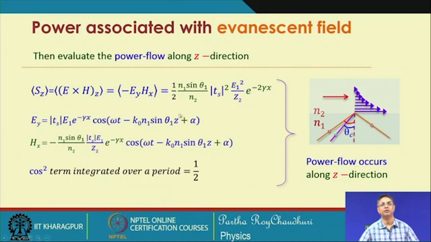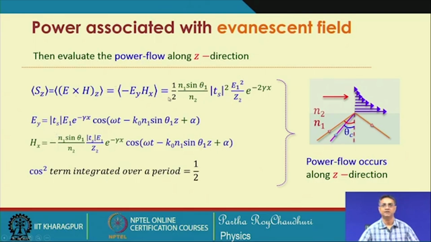So, there is a factor of half coming here, and if you simplify the product of these two, then you will get e to the power of gamma x and e to the power of gamma x, both put together will become e to the power of minus twice gamma x. The electric field amplitude E1 in both the places will make it E1 square, Ts mod and Ts mod will make it Ts mod square, and all other things are quite evident from here.